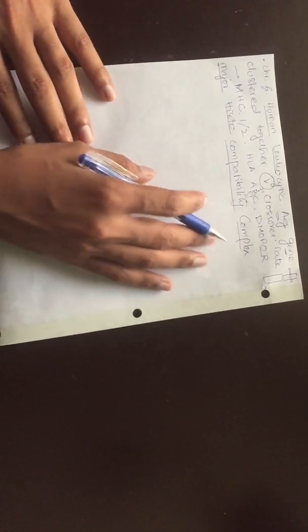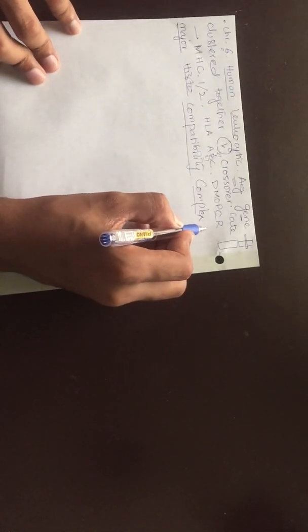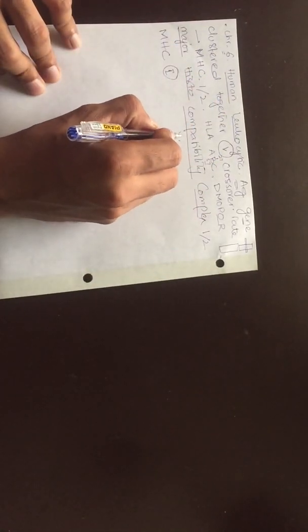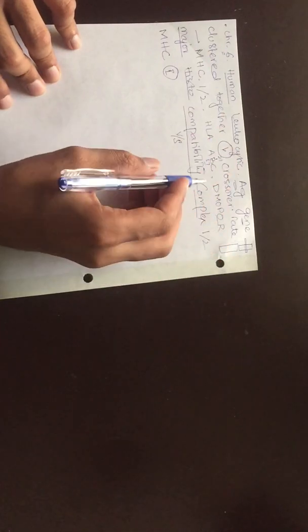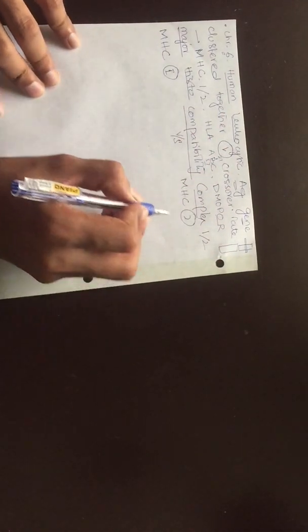In this complex there are 2 types, 1 and 2. So let's discuss MHC. First discuss the differentiating features or special features of 1 and 2, then I'll give you some summary regarding how they act. So MHC1 and MHC2.